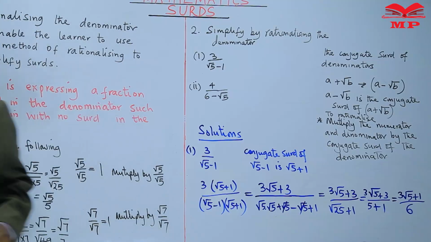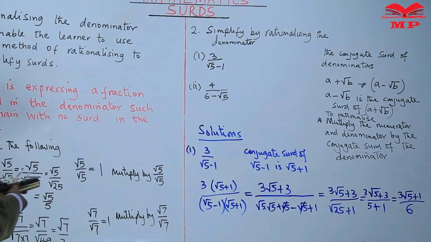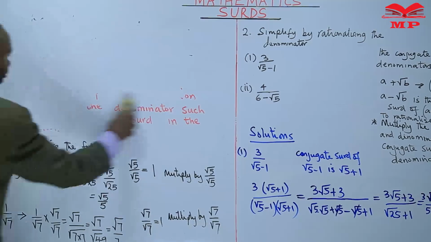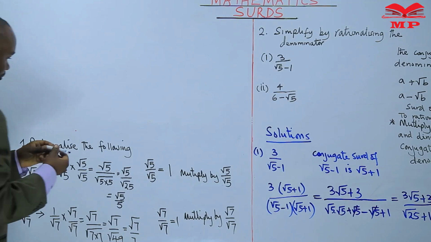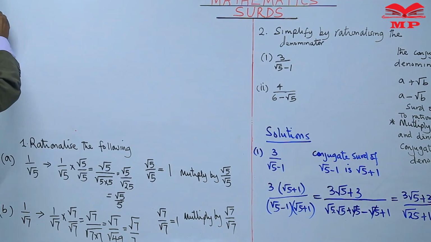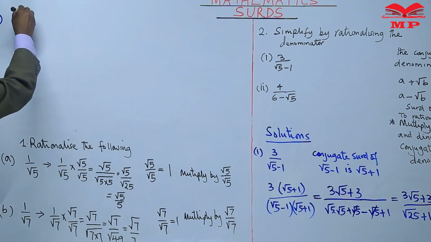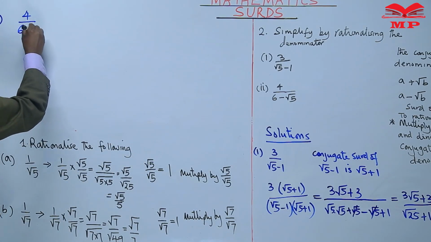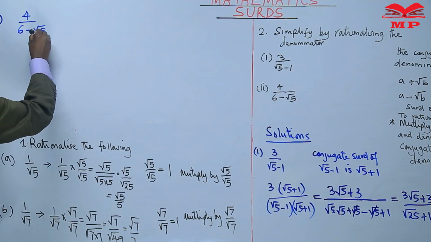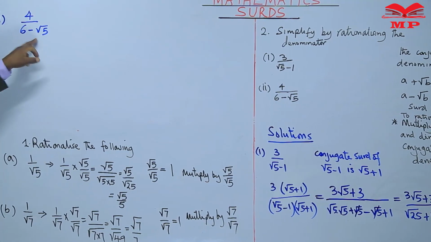We shall look at the second example. Number 2. You are given 4 over 6 minus square root of 5. The first thing is to get the conjugate surd of this.